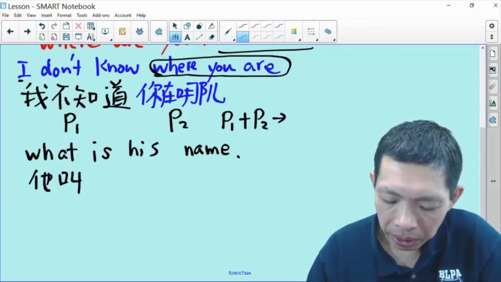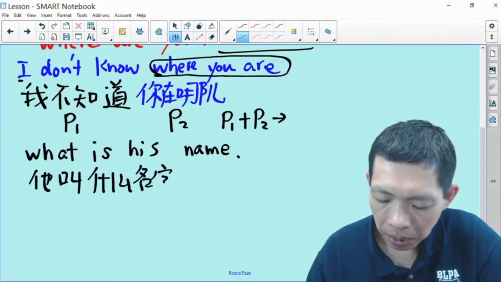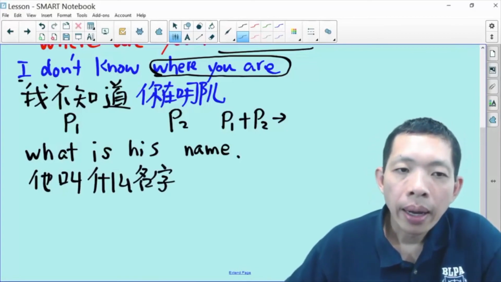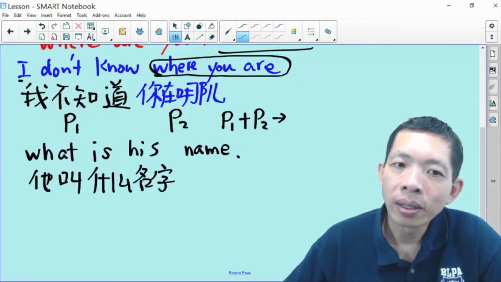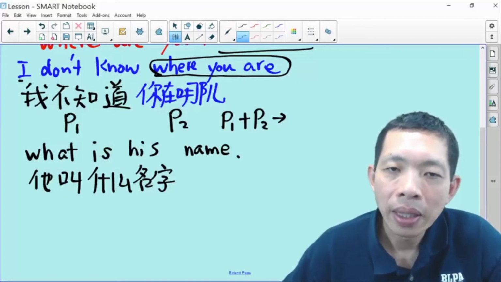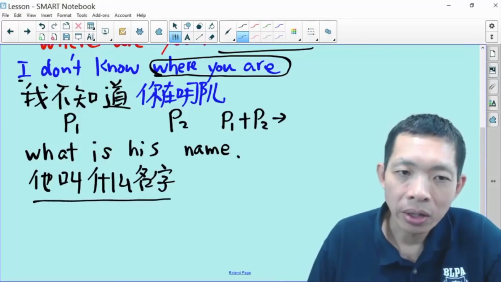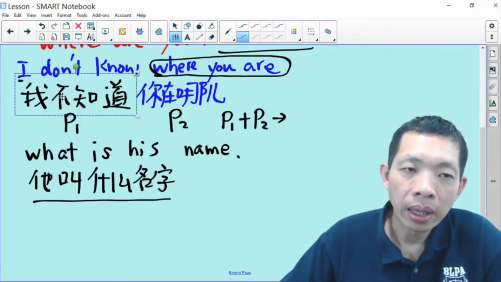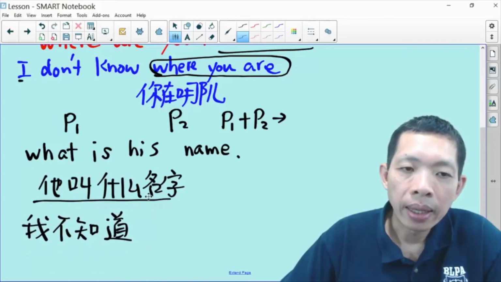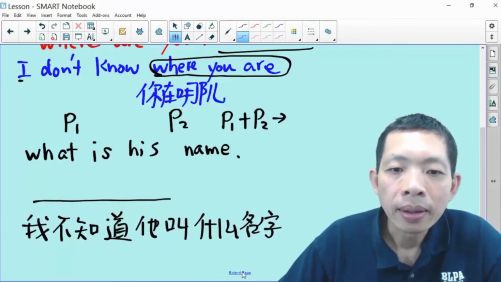You say 他叫什么名字? And if you want to change to I don't know what his name is, you don't flip it in Chinese. You simply keep part two and add part one. So you say 我不知道 and then 他叫什么名字, and that's it.